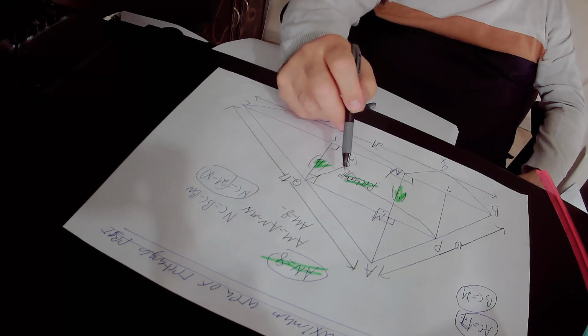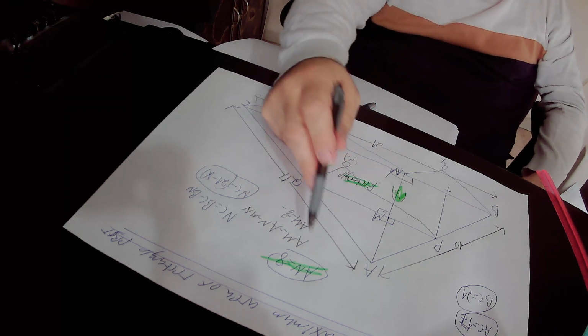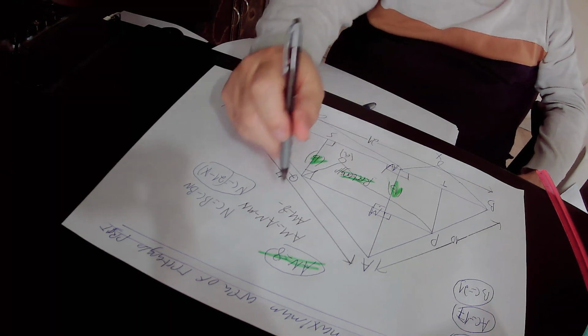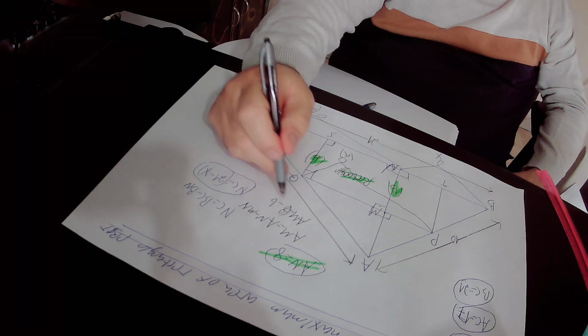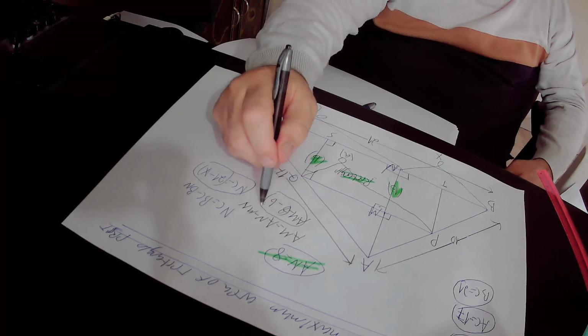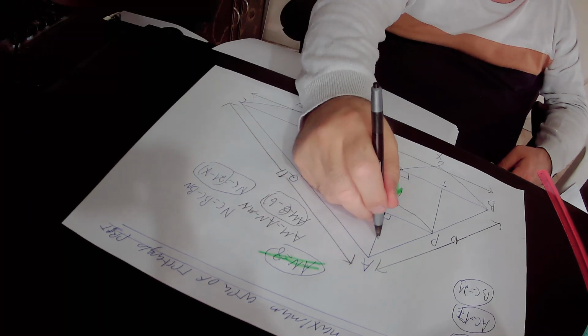So AM equals AN, that is 8, minus MN, that is B. So in total, AM equals 8 minus B.